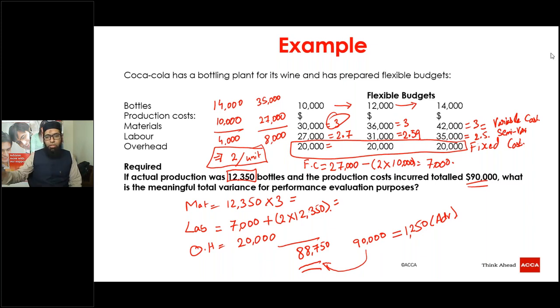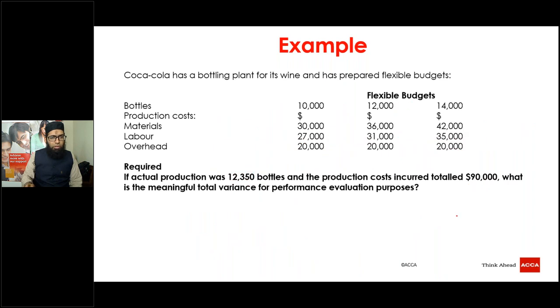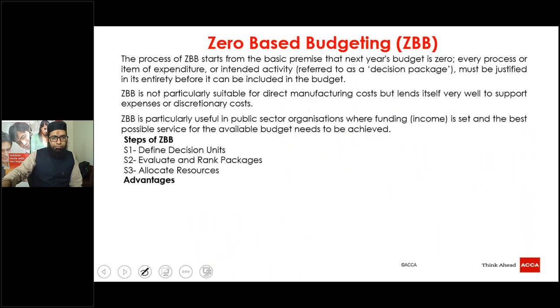So anything else on that? Now moving on. The zero-based budgeting is the process, and the basic premise of such a budget is that every year we will prepare the budget from scratch.